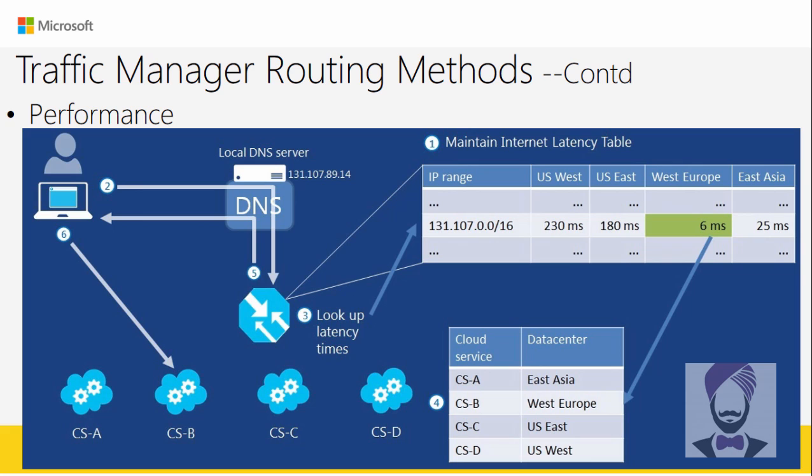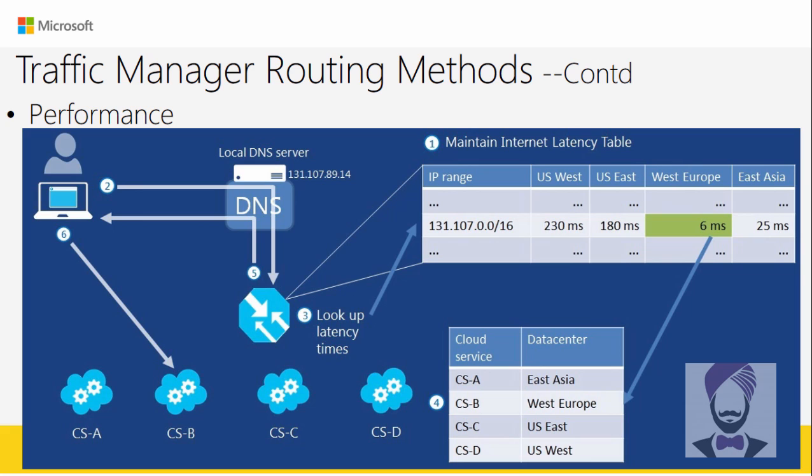By performance, I mean that the Traffic Manager profile will maintain an internet latency table. That table will include a list of IP ranges and all the web applications or endpoints that are associated with it.